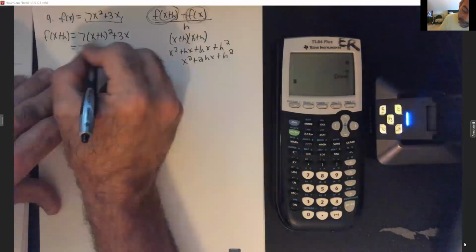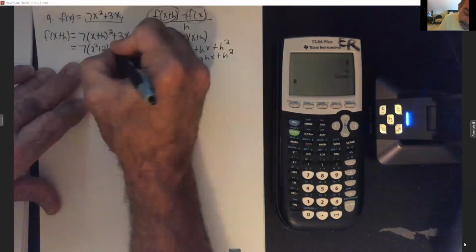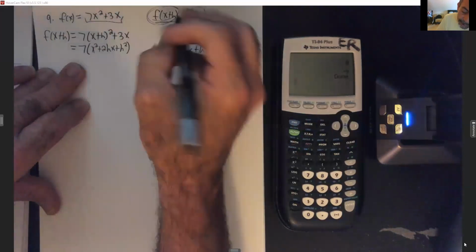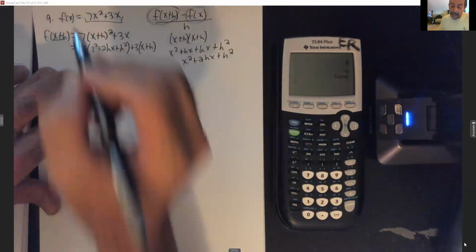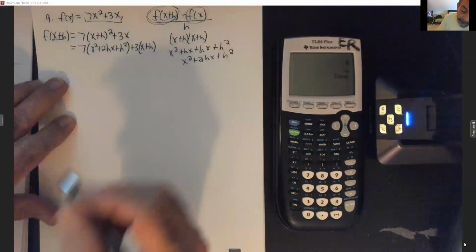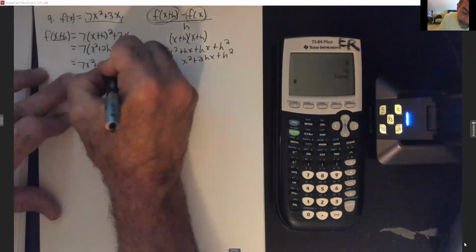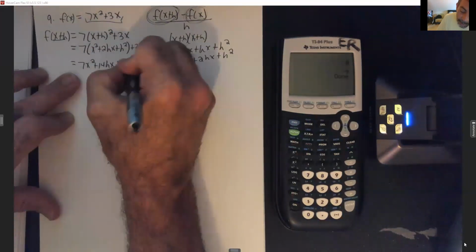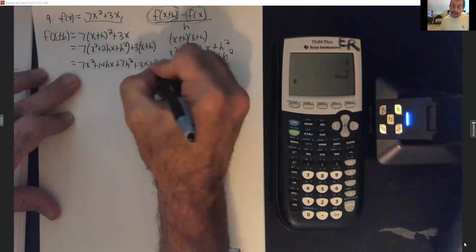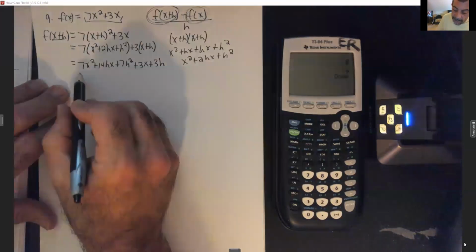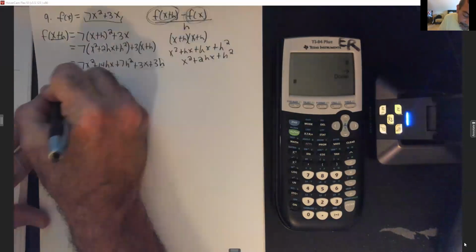We replace that with that now, x squared plus 2hx plus h squared, and then it's plus 3 times x plus h, because that's what I'm putting in for the x. All right, so next you would distribute: 7x squared plus 14hx plus 7h squared plus 3x plus 3h. So since there's no like terms, all of this is f of x plus h. So we put it in parentheses.